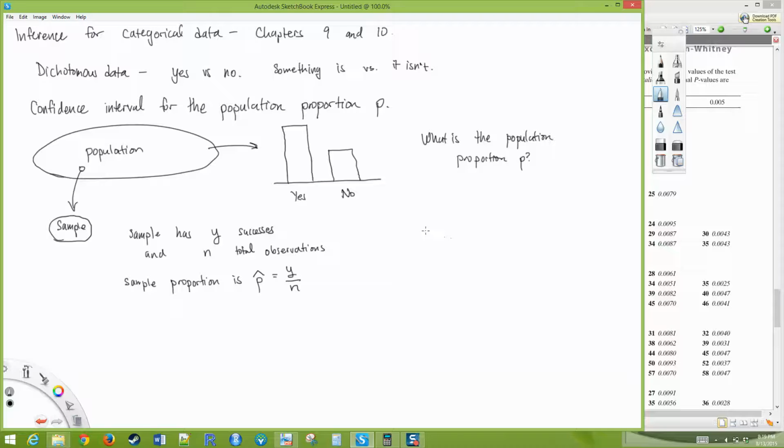So most stats classes will teach confidence intervals for P based on p hat and the normal approximation.